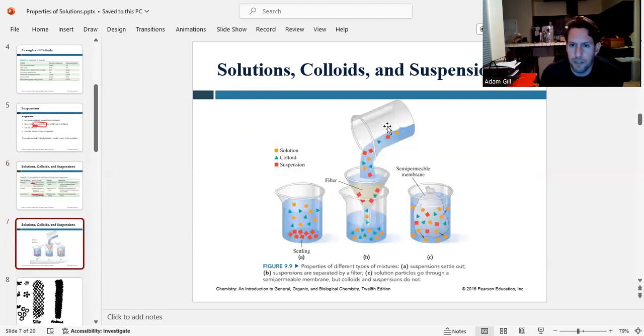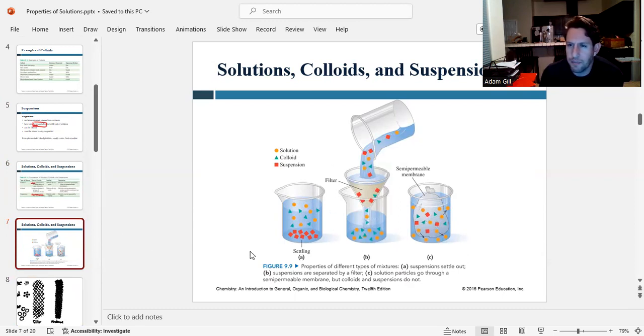So here's an image showing if you had big particles in red, medium particles in green, and little particles in orange, right? The filter will trap out the big particles, and then the semi-permeable membrane will filter out the big and the medium particles.